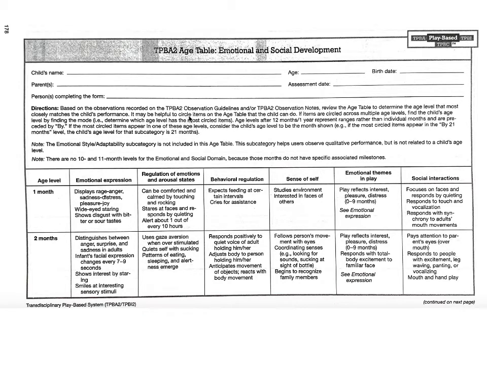It may be helpful to circle items on the age table that the child can do. If items are circled across multiple age levels, find the child's age level by finding the mode. Determine which age level has the most circled items. Age levels after 12 months, 1 year, represent ranges rather than individual months and are preceded by "by."